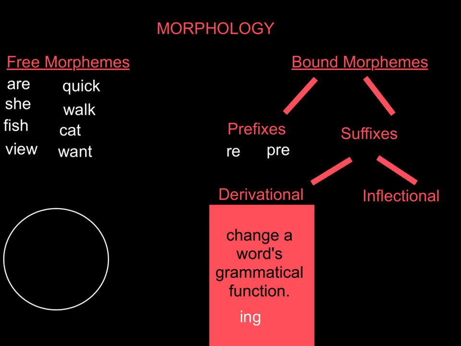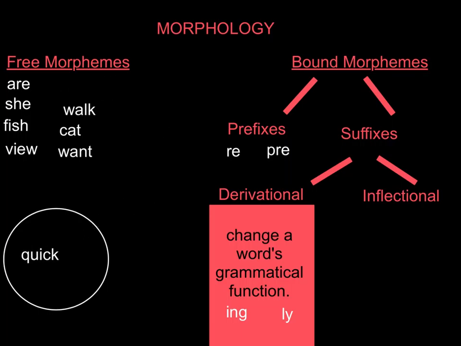An example would be ing, another example would be ly. These two are bound morphemes, they're not words unto themselves, they're not free, they have to be connected to some other morphemes. But when I do connect them to other morphemes, I change that word's grammatical function.